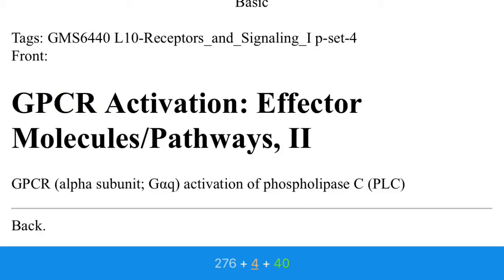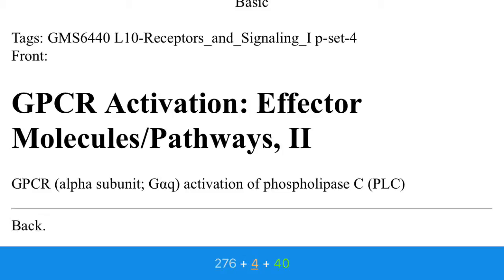Okay, then we have 2, and this actually has 2 and 3. This is the PLC one, where the alpha subunit, and this one's alpha Q, will interact with the PLC protein, which then interacts with the PIP2 protein, and causes inositol 3-phosphate to go to the endoplasmic reticulum and release calcium.